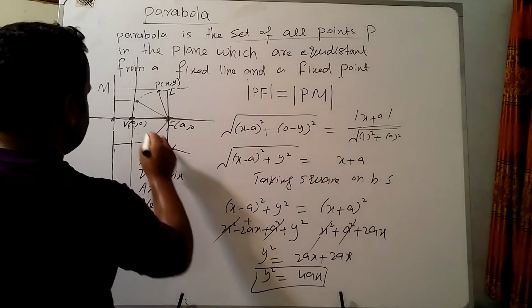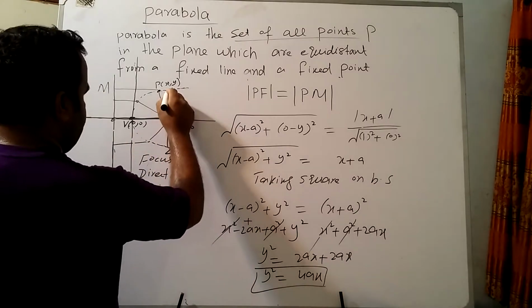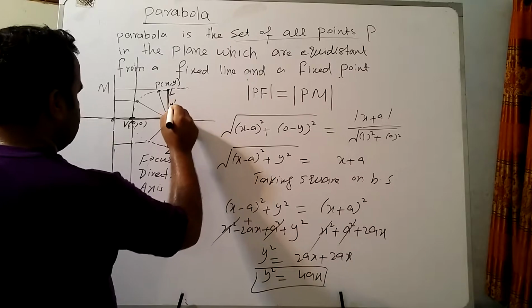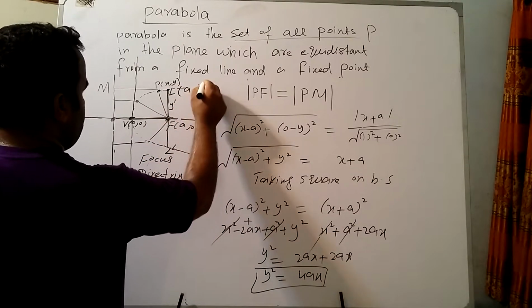This distance is a, and this distance is y dash. So L will be (a, y dash).